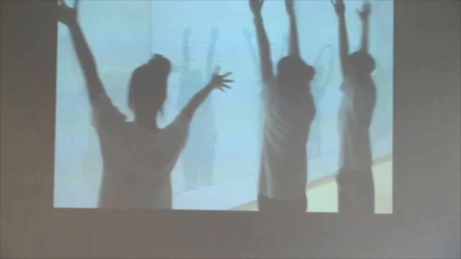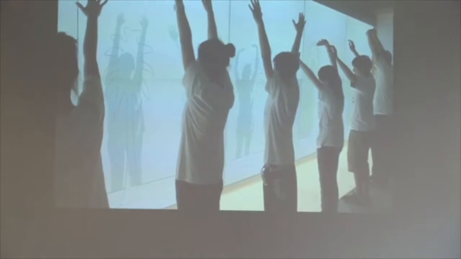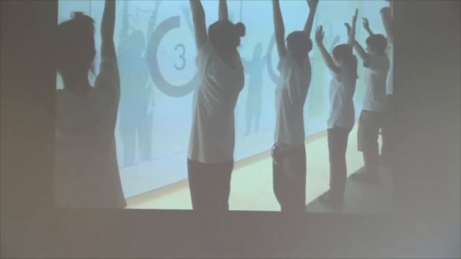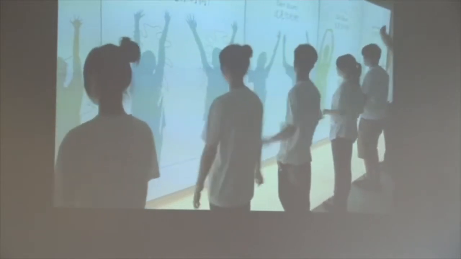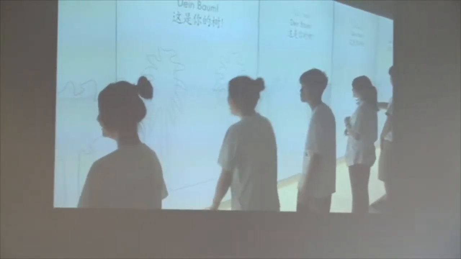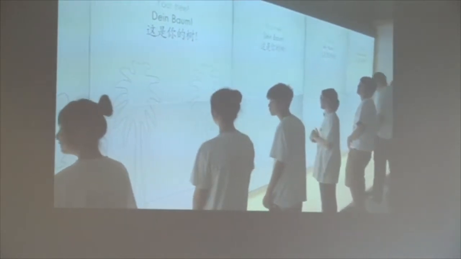I much preferred this over all the touch screens you saw at Expo elsewhere. So again, the countdown. They've made trees, and the last thing you have to do is water the trees.